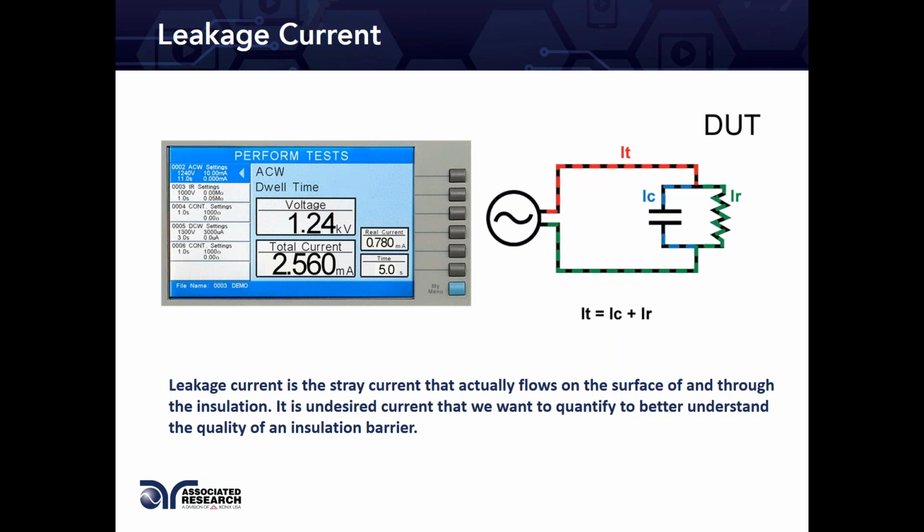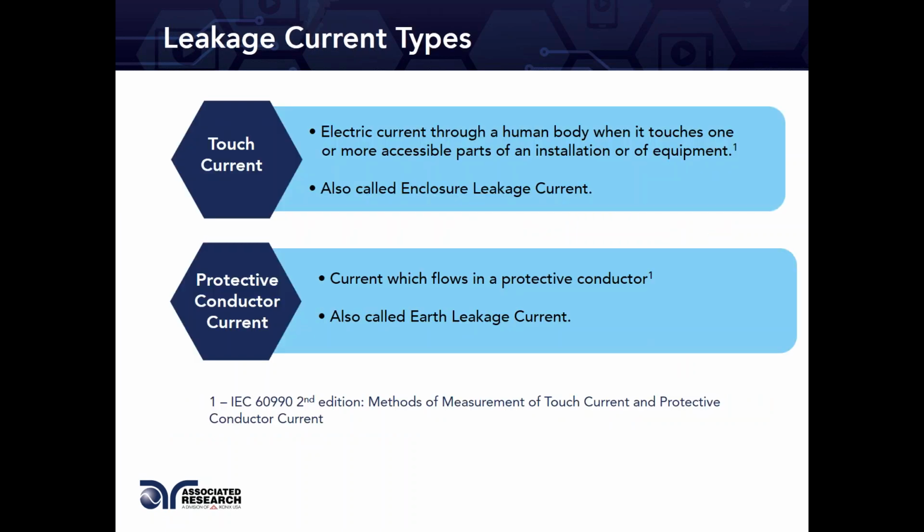Whereas during a leakage current test, you have to power on the device under test and make leakage current measurements by simulating a number of different fault conditions and also utilizing a measuring device circuit.